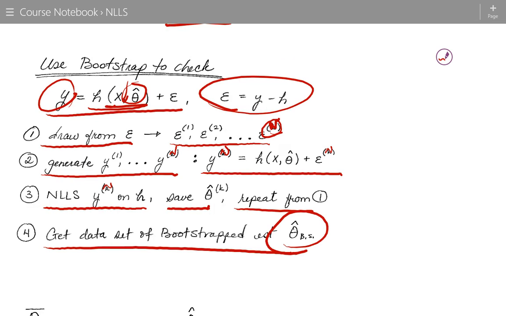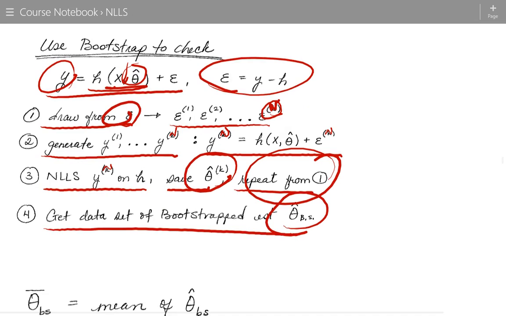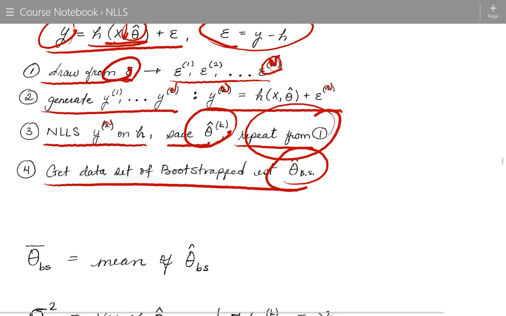And the alternative is to say I'm drawing a vector E from the residuals, and I've got k vectors, and then I am going to do k of these analyses, at which point I don't repeat back up. The idea is you want to draw a set of residuals, and typically you do that with replacement from the set of residuals, and draw the same number of residuals as you have in your sample.